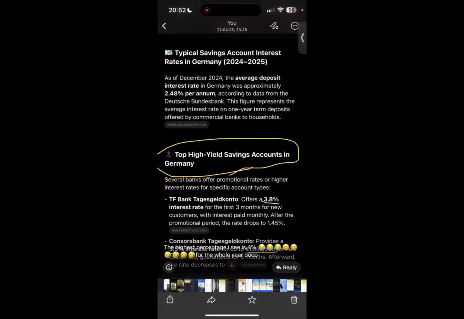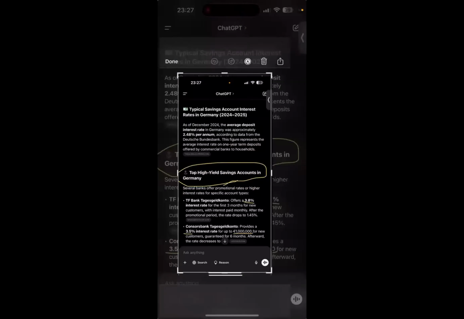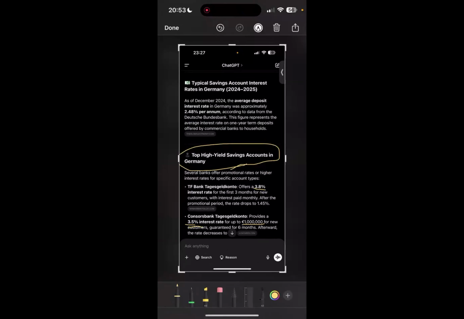Now, see, you must have 1 million euros to be able to get a 3.5% interest rate for the whole year. For the whole year, it's not daily, it's not monthly.